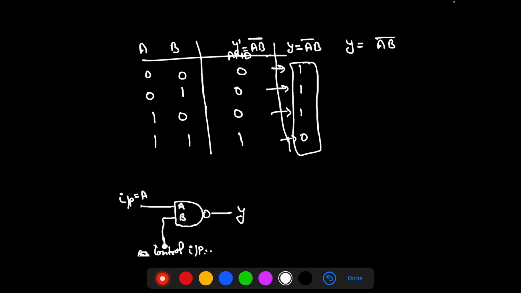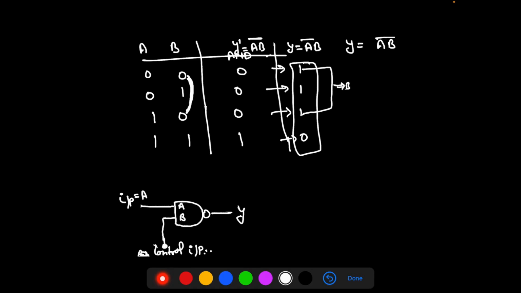Looking at the truth table, if B is 0, meaning our control is 0, our output is 1.